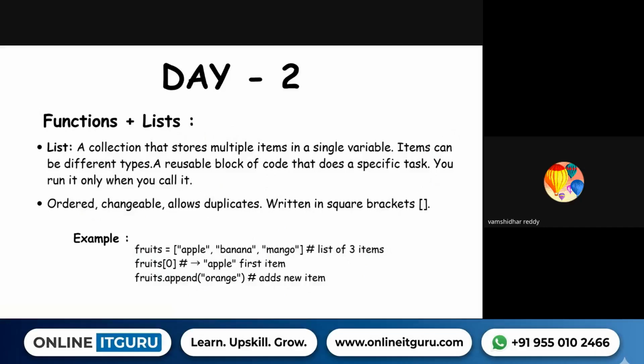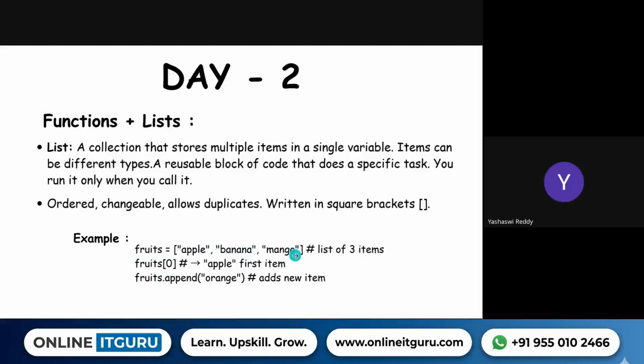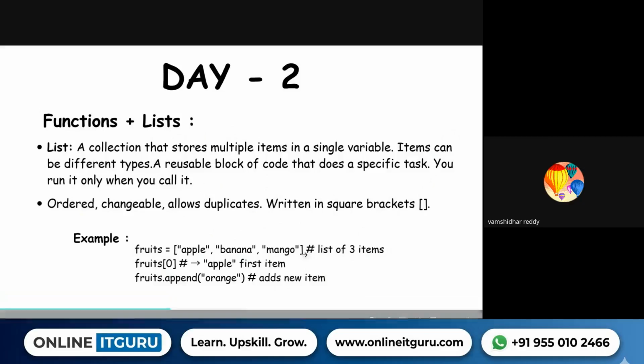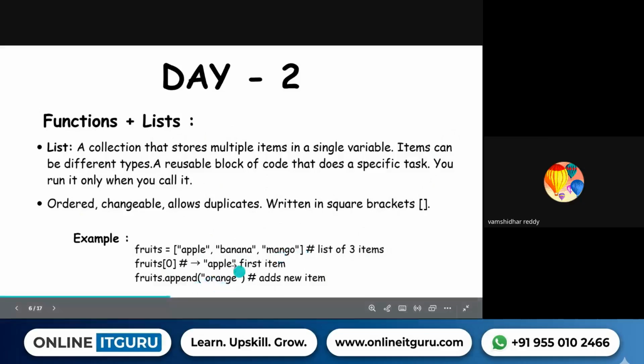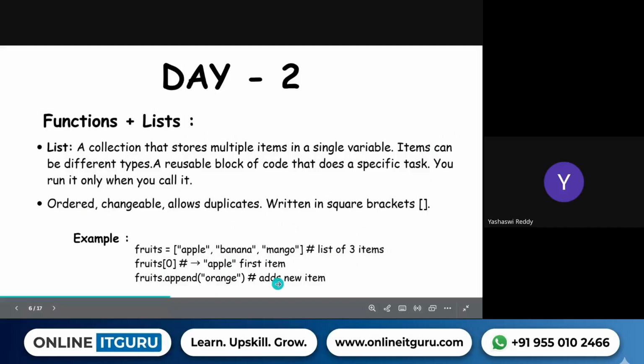Now this list has apple, banana, mango, but I want to add orange also. So if we pass fruits.append(orange), orange is added, and then fruits[3] will be orange after adding this. I got it. Understand? This is all about lists. We'll go through functions also, or else let me show you this.